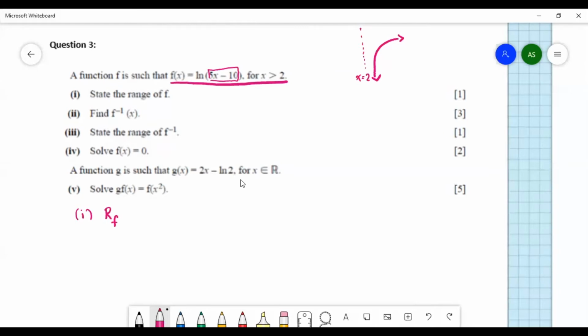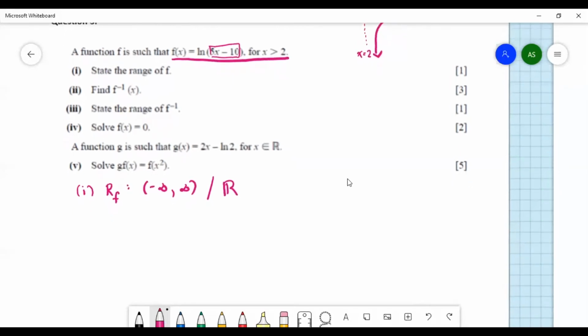So that means negative infinity to positive infinity. So that is the range of your function f of x. Okay? Sometimes in IGCSE, we just write it as real numbers. So that means it can be any real number.